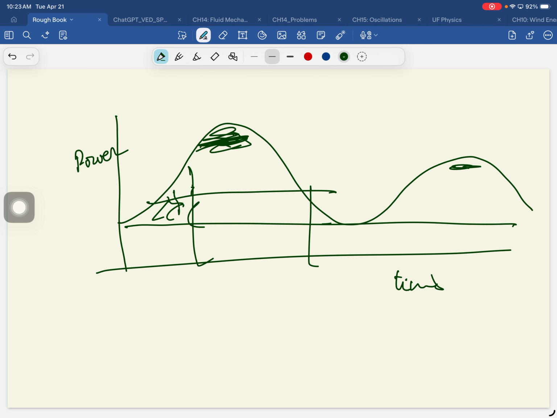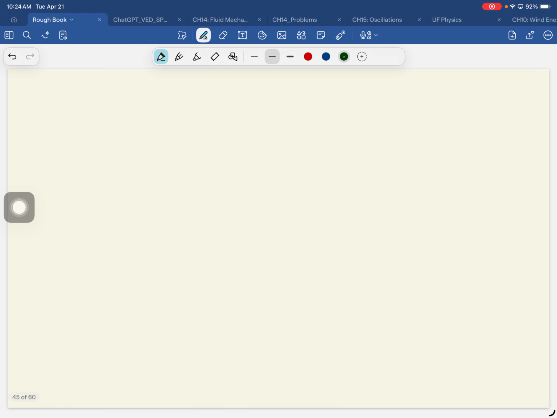So the idea is the following. You can use electricity and split water into hydrogen and oxygen.